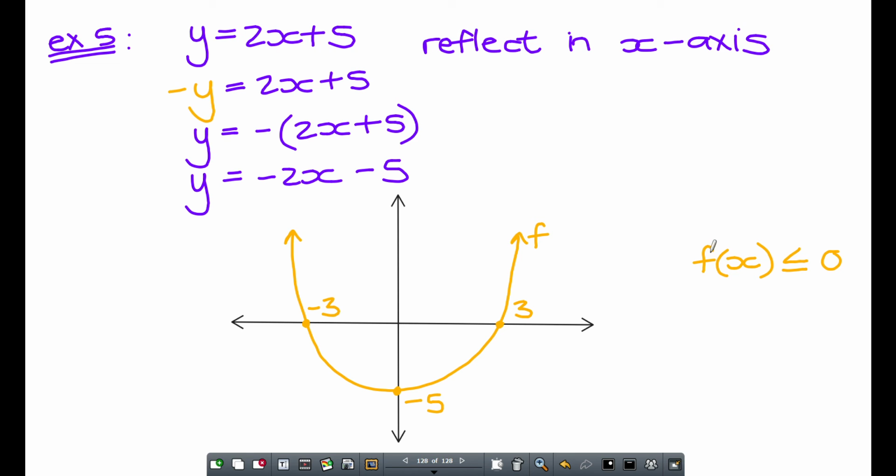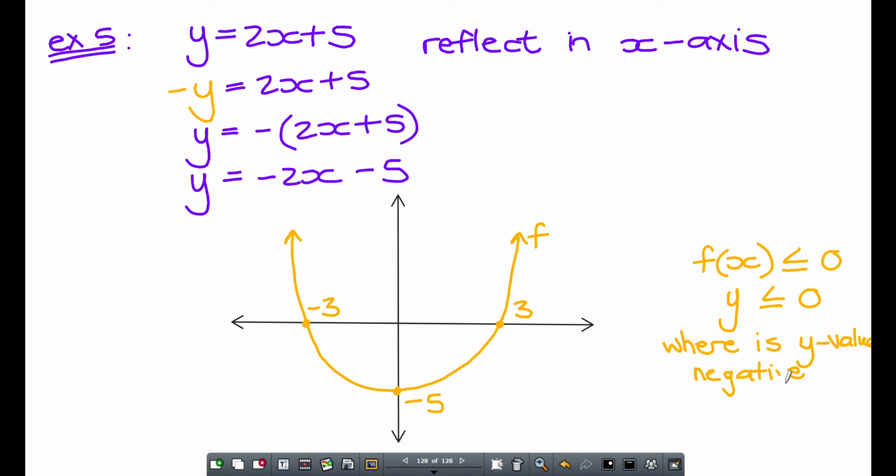The fx is the same as y. So daar staan eintlik, waar is y kleiner en gelyk aan 0? So if y is less than or equal to 0, it means where's your y values negative? Wag, ons gaan nou daar kom. Does everyone get that part? So eintlik sê ek vir jou, where is the y values negative?